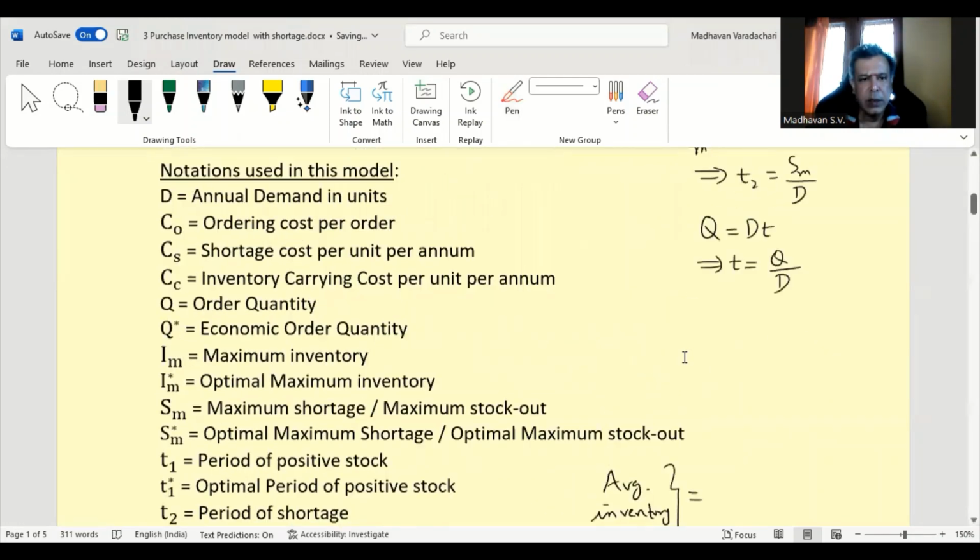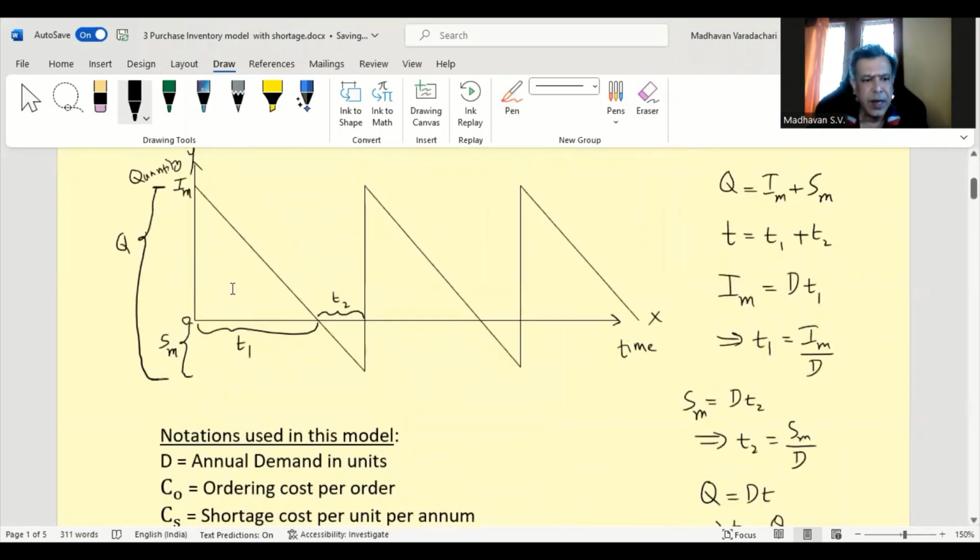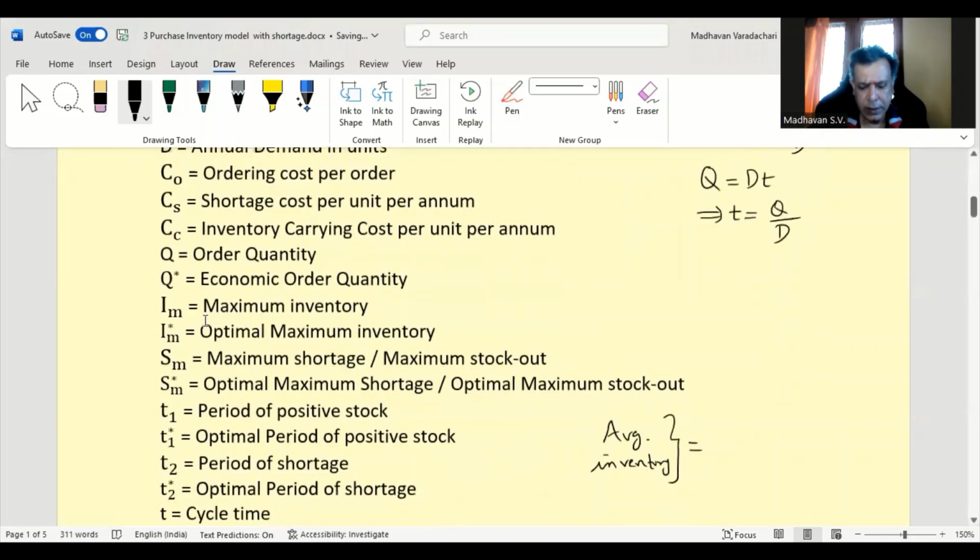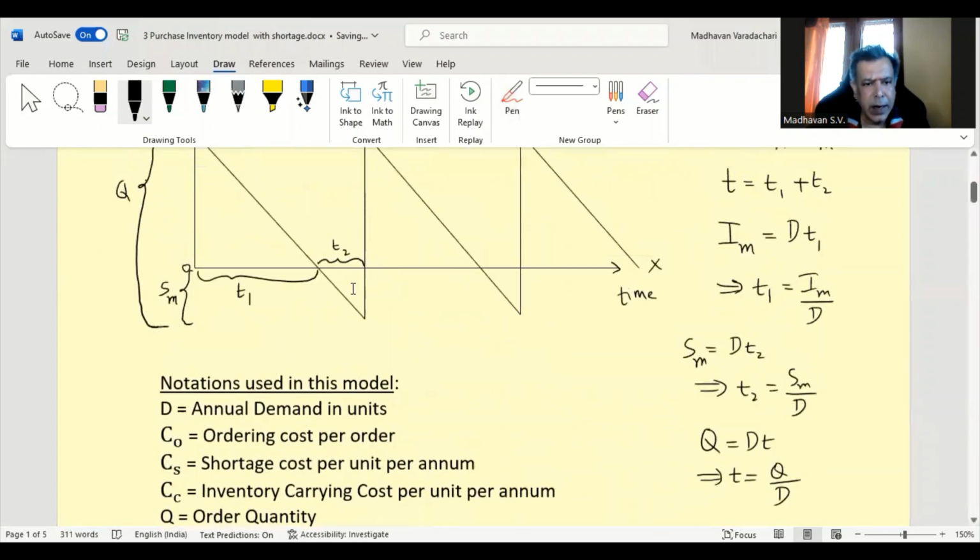We may notice average inventory is the area of this triangle. Area of this triangle is half into B into H. So it is half times T1 into I suffix M plus, here another triangle is there, but there is no stock.